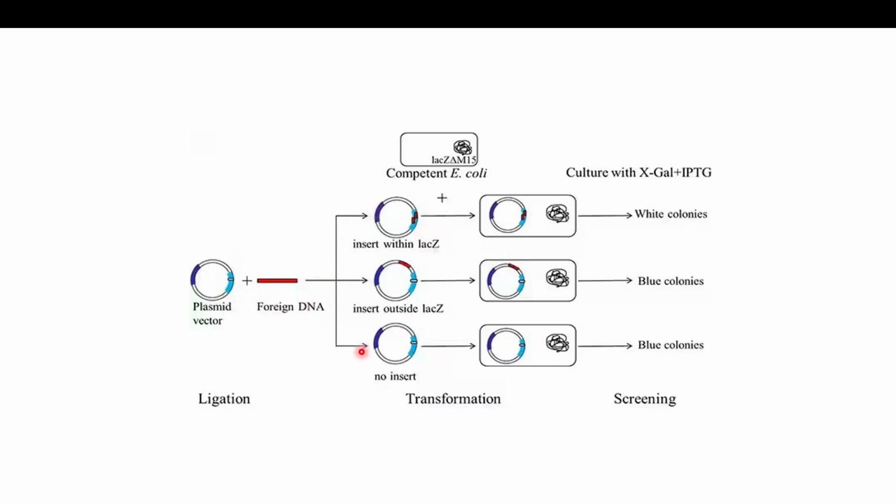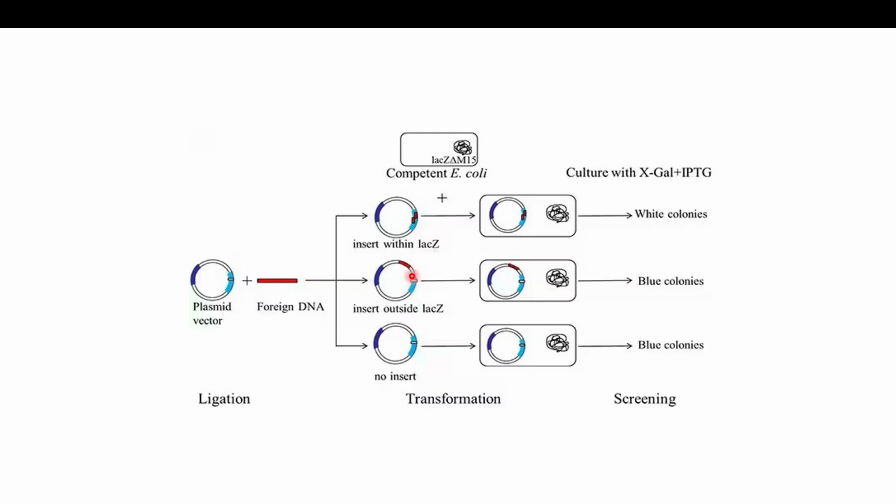So there can be three scenarios. One is that this foreign DNA is inserted within the LacZ alpha gene, which encodes the alpha peptide. Now, if it is inserted inside the LacZ alpha gene, it won't be able to encode a functional alpha peptide, right? Or this foreign DNA can also be inserted outside the LacZ alpha gene, right?